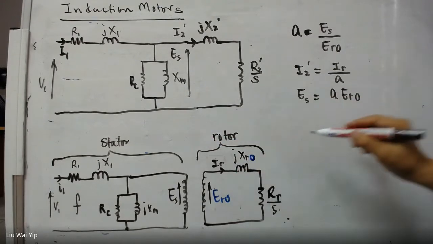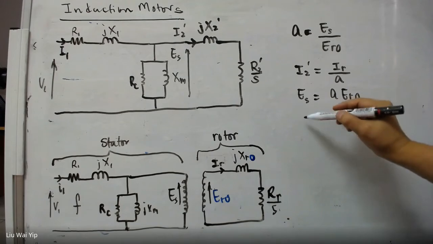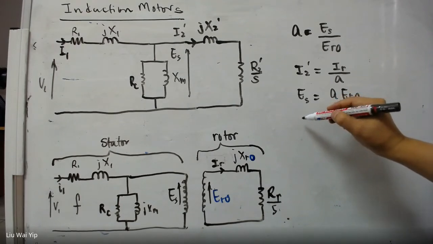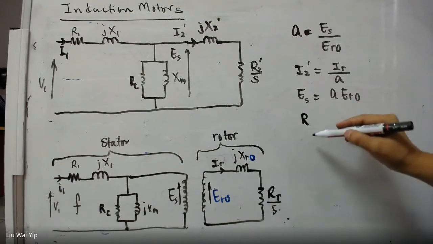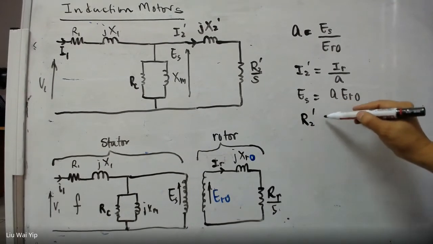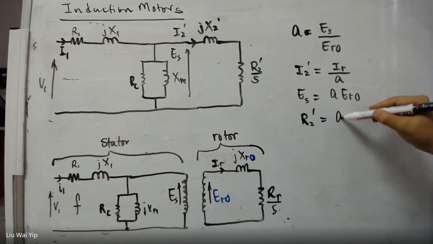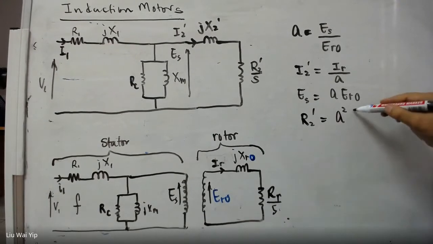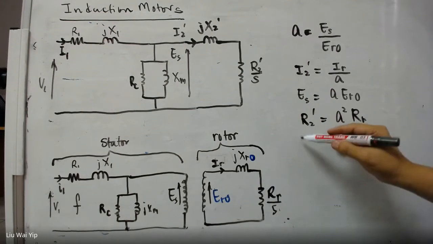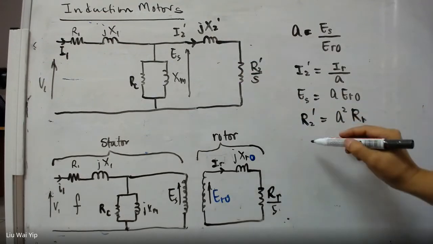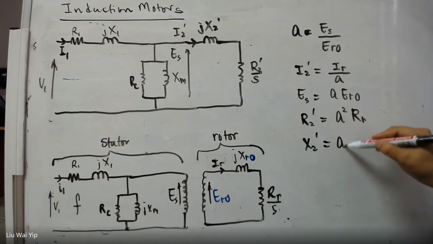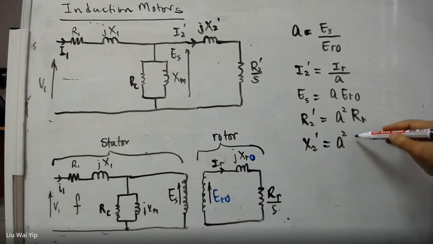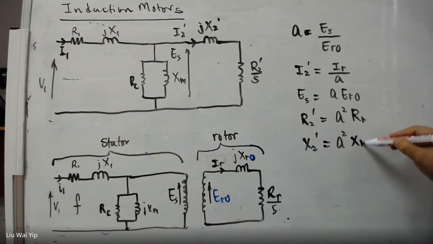And then the rotor resistance is going to be A square times R, and then the rotor reactance, A square times XR0.